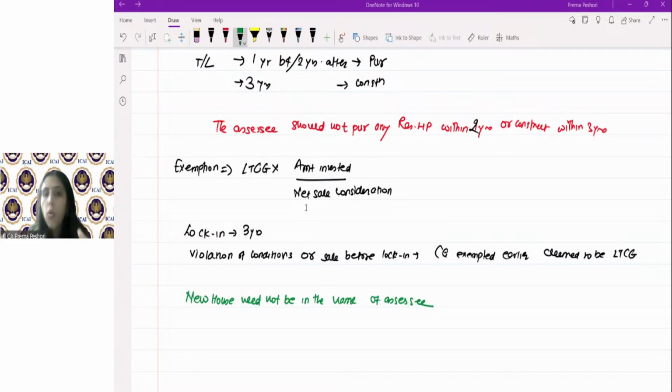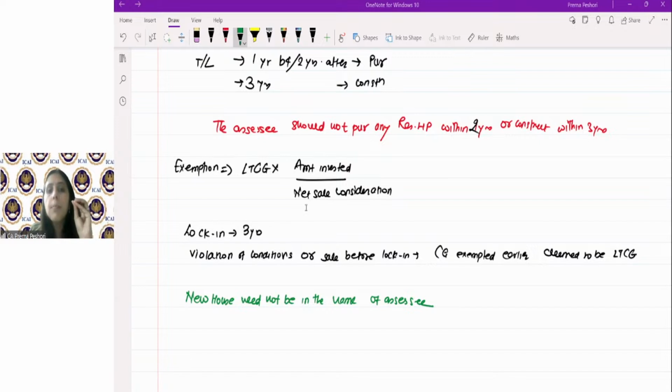So even if it is co-owned, it will not be the case that only the assessee's share of the house will be allowed as exemption. The entire exemption will be allowed to the person who has contributed for that house, and not on the basis of whose name is written in the deed. Clear?